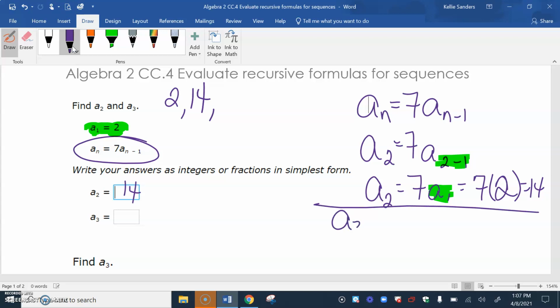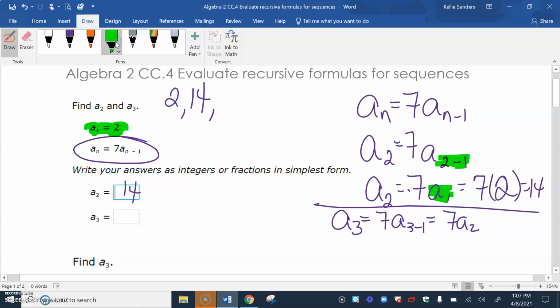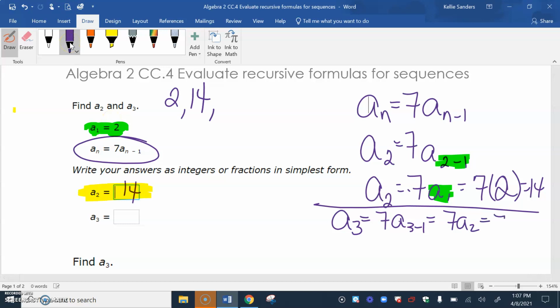So if our third term is 7 times A sub 3 minus 1, that's 7 times A sub 2, and A sub 2 is 14 this time. So now I'm going to do 7 times 14, 28, 98. So the next term is 98.